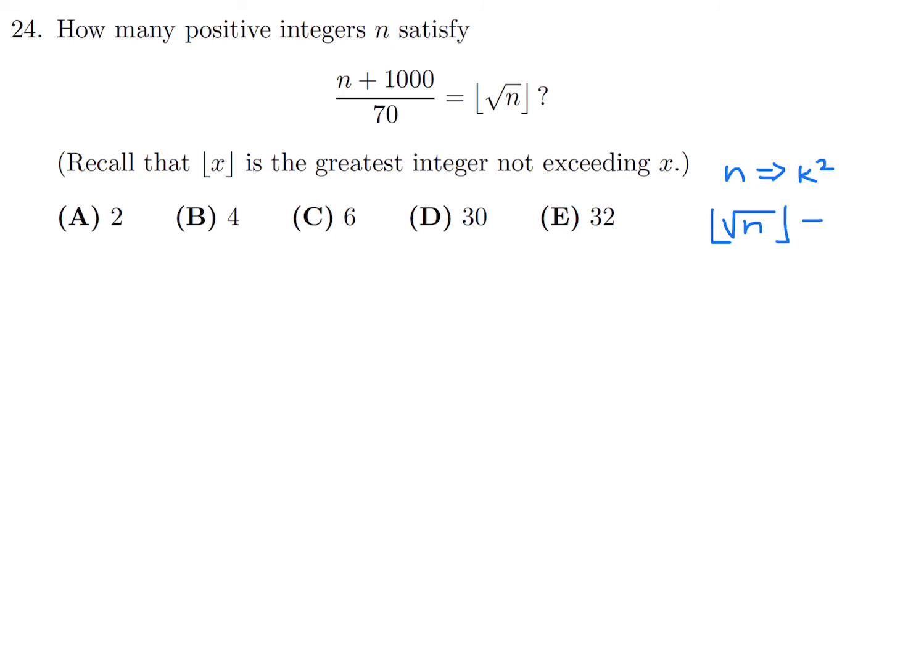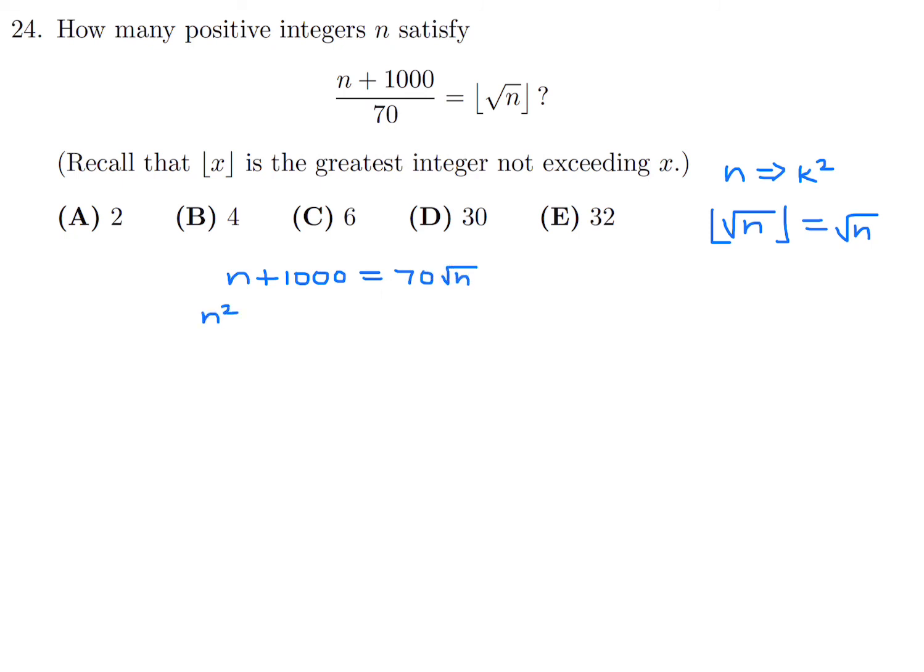So if you took the bracket of it, it would just be the same as root n. The bracket doesn't change it because you're dealing with an integer. So you can substitute that into this equation, and you get n plus 1,000, cross multiply, 70 root n.